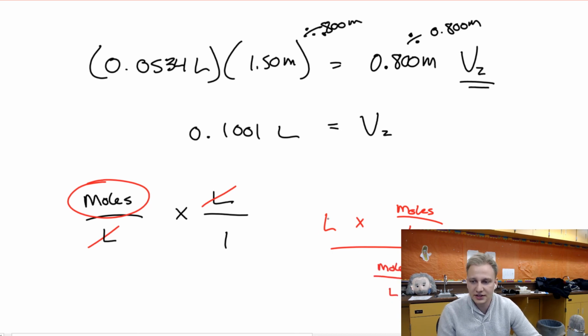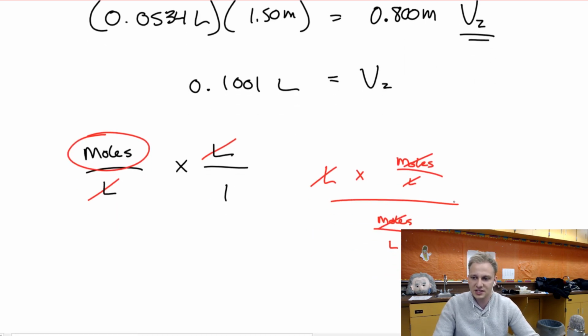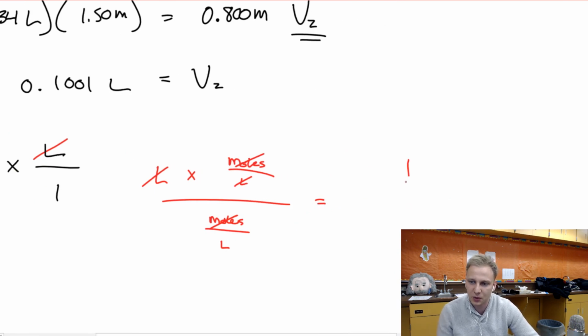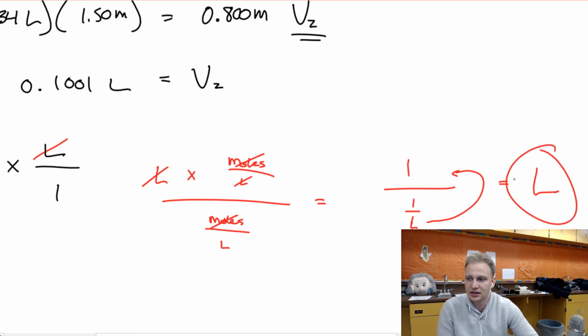You can see liter on top, liter on bottom, those cancel out, and moles on top, moles on the bottom. What we're left with is this janky fraction where we have 1 over liters. If you remember from your grade 6 or 7 class, whenever you have a fraction on a fraction, this thing ends up coming to the top, and we end up with liter as our final unit.